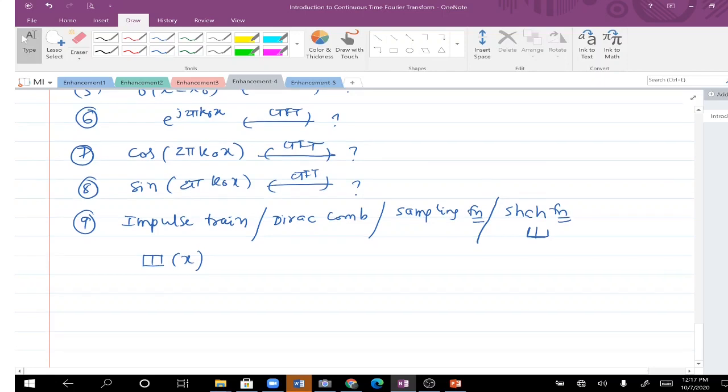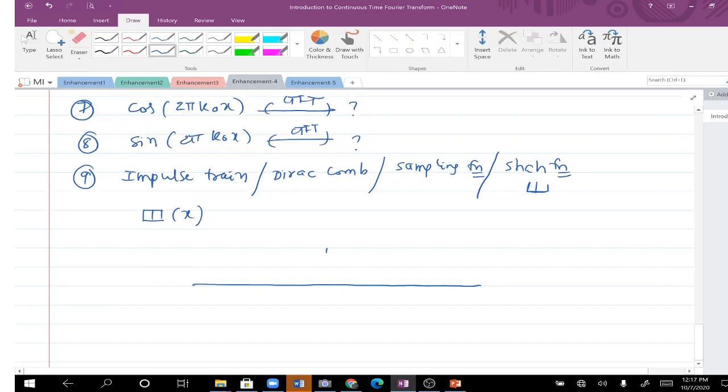So how does it look like? With a periodicity of 1 we are going to consider. Let's say there is an impulse at 0, 1, 2, the periodicity of 1 is here, then minus 1, minus 2, so this would continue. This is the impulse train you have. This is your x and this is your impulse train, Shah function of x. So compute for this, what is the CTFT of it?